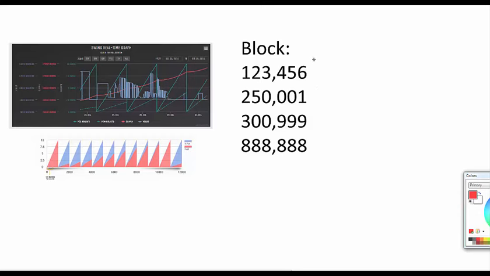So those alternatives being, since our 4.56 works okay, why don't we try looking at these three digits for proof of work? So at block 1,123,456, our reward would be 3.45 for proof of work and 4.56 for proof of stake. What that would do, if we decide to go with these three digits, would change this cycle to something more linear that looks like this for proof of work.